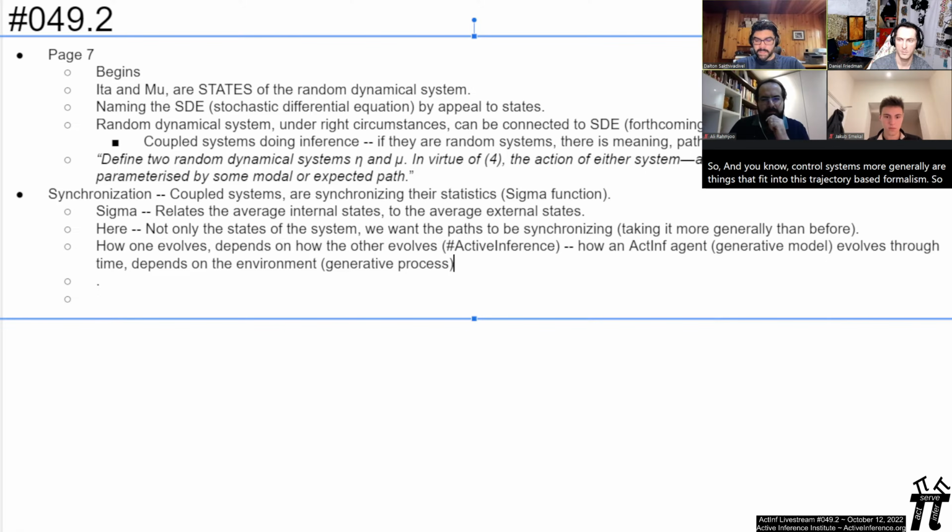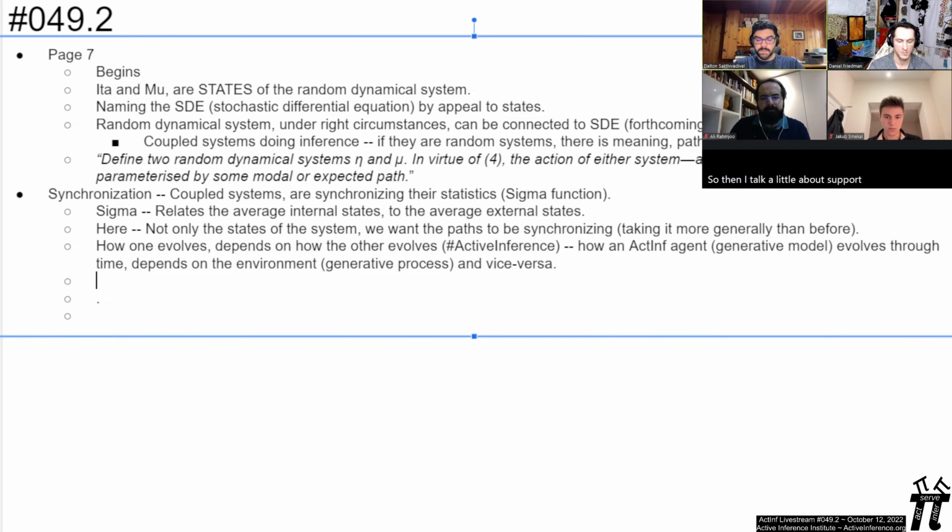So then I talk a little about surprisal. What does it mean that systems that synchronize minimize their surprisal? There's a lot to detail in this section.